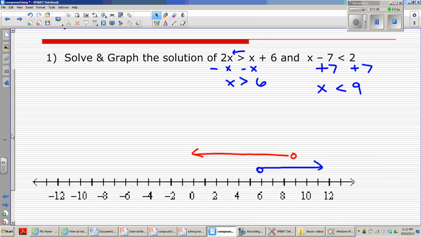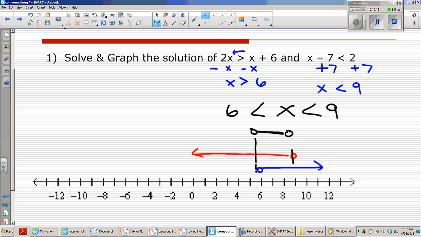Where do these two graphs overlap? Between here, right? We have an open circle at 6, open circle at 9, and we have all numbers in between. Could we have written this differently as one inequality? x is between, smallest number on the left, largest number on the right.